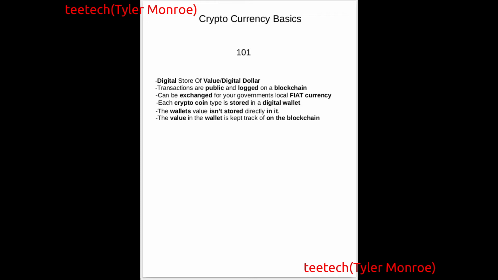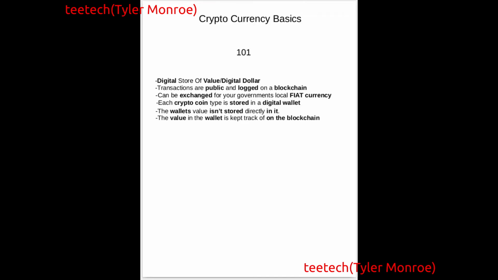Now, you can also take the cryptocurrency and exchange it for whatever your government's local fiat currency is. You can even exchange it for goods and services as well. So there's many uses for it. But back to the actual implementation of it, each crypto coin you use is stored in a digital wallet.